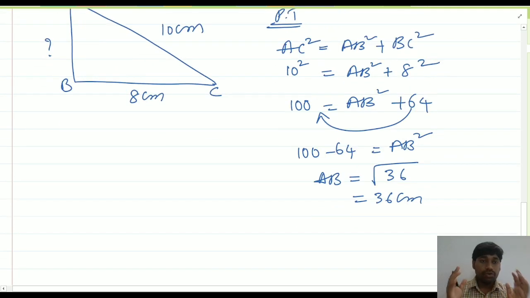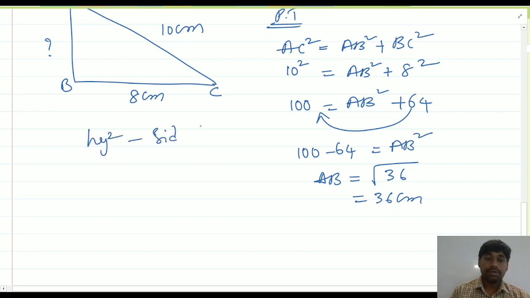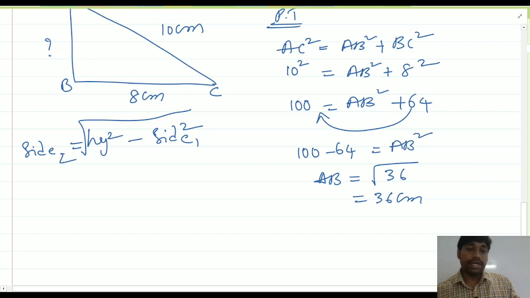Okay, so if you know two sides, the third side can be found: hypotenuse square minus known side square is the other side squared. With two sides, side 1 and side 2, side 2 can be found as under square root of hypotenuse square minus known side square. You can use this formula.